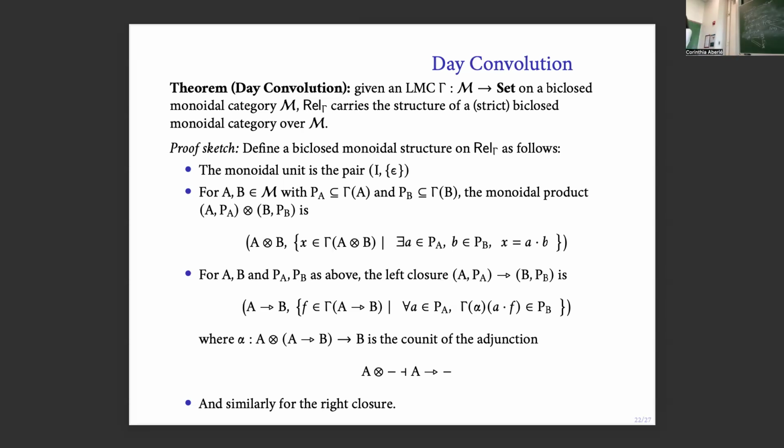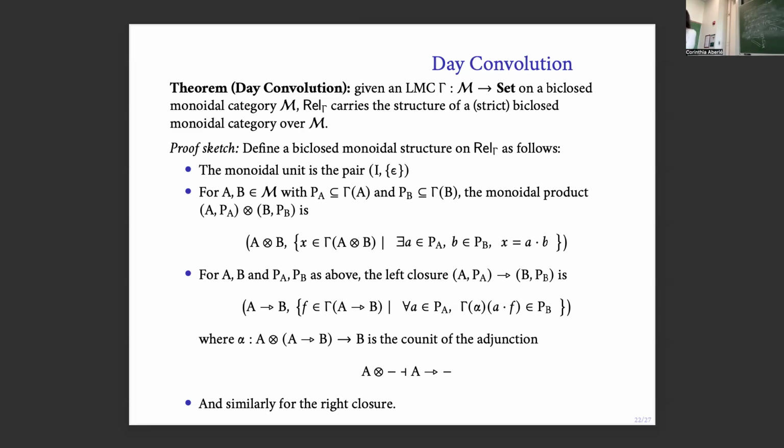Let me try to attack this by reformulating the construction here. If I remember correctly, a lax monoidal functor from a monoidal category to Set is a monoid object for the Day convolution in the category of covariant functors. And so another construction of this slice, the Rel gamma thing, is as a fiber product.